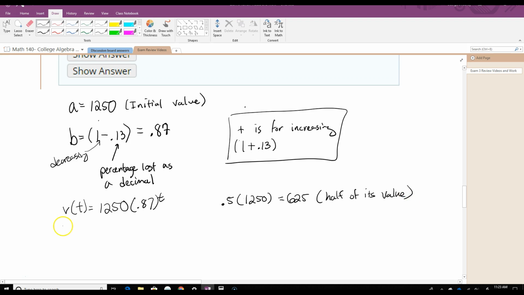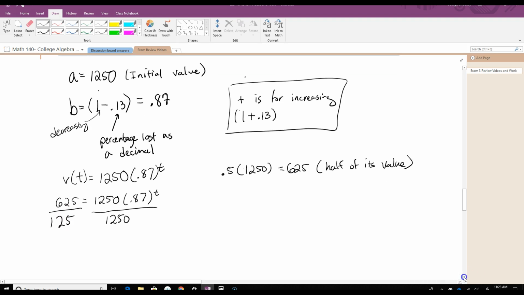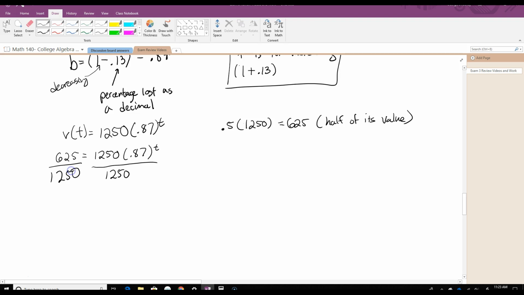So 625 equals 1,250 times 0.87 to the t. This is basically the equivalent of half-life. If we take 625 divided by 1,250, I'm left with 0.5 equals 0.87 to the t.